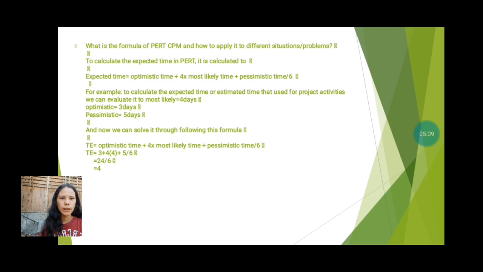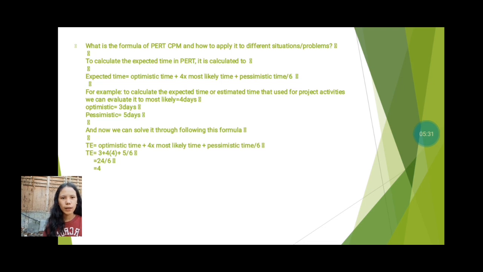For example, to calculate the expected time or estimated time used for project activities of a student, we can evaluate it as most likely 4 days, optimistic 3 days, pessimistic 5 days. And now we can solve it by following this formula.